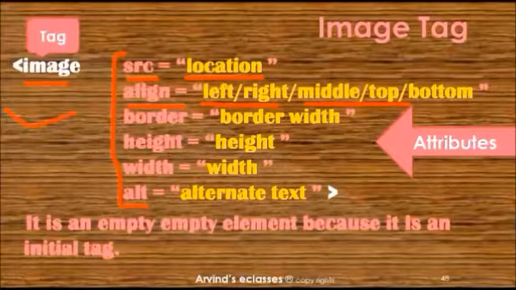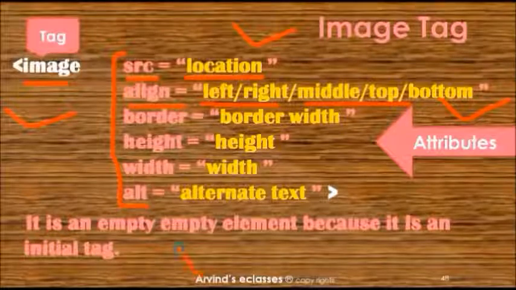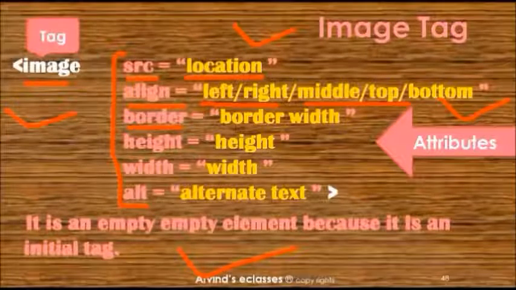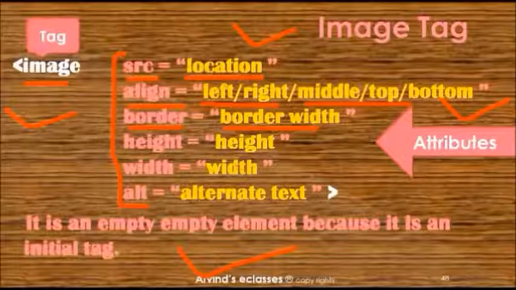It could be the left side or right side, top, or you could set your picture at the bottom. And the third one is border, in the sense that you want to frame your picture, and here we give numerical values 1, 2, 3, 4, and as we increase the value, the border thickness also increases.